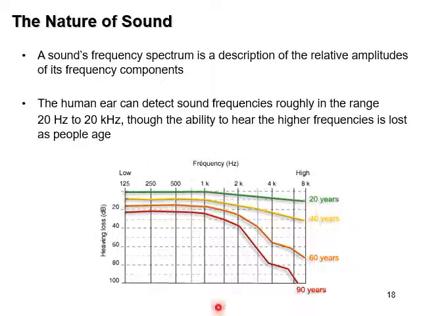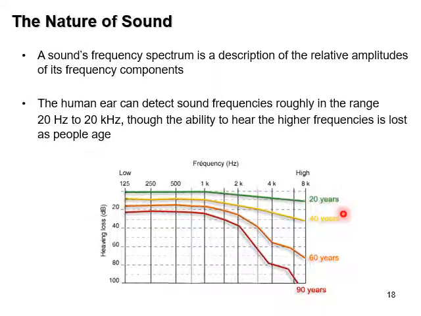Let's look at this curve. On the y-axis we have the hearing loss, on the x-axis we have the frequency. This curve is the ability of people who are 20 years old to hear sound. They have no loss in hearing in all of these frequencies, while at 8 kilohertz, a little bit, they cannot hear it that well.